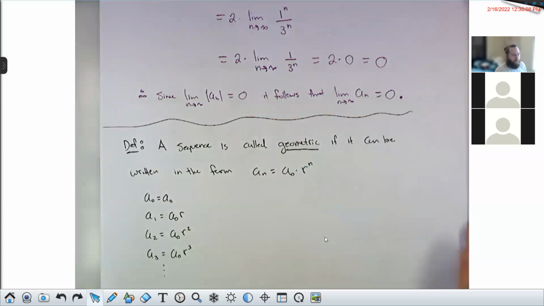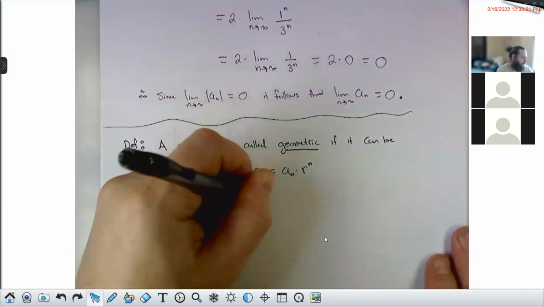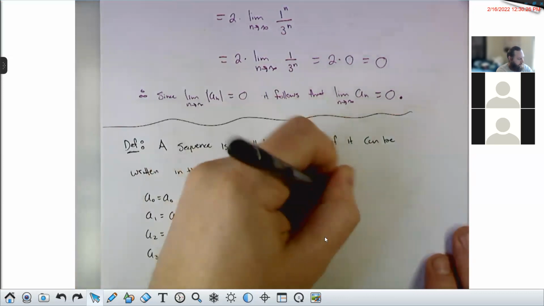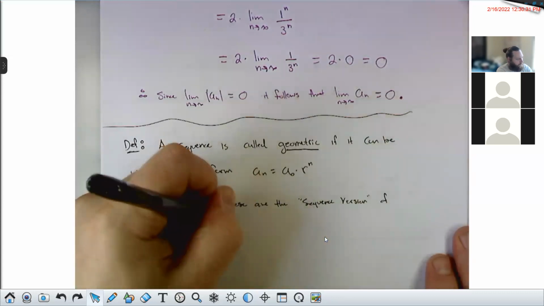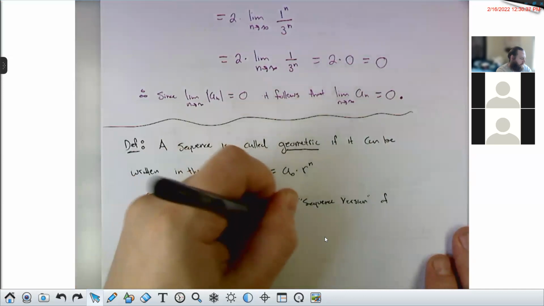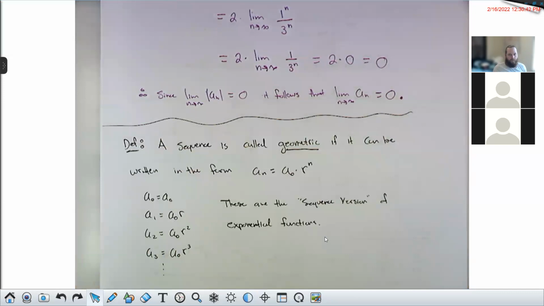These should remind you, if you look for the corresponding function of a continuous variable f of x, that it will be an exponential. These are the sequence version of exponential functions. r, which for an exponential function would be called the base, right?